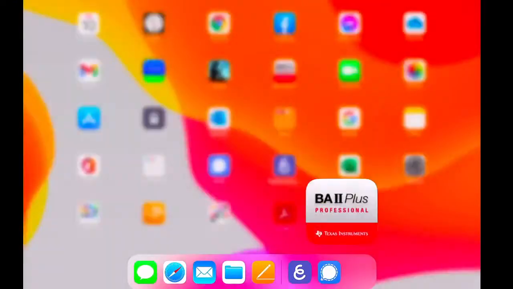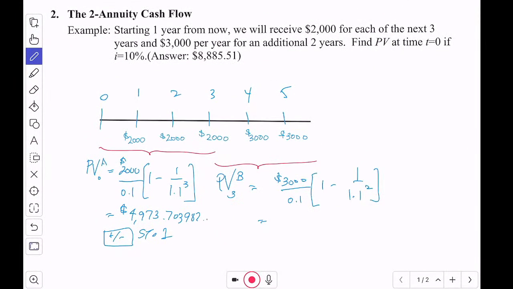What I found is the valuation at time 3 of these $3,000 deposits or amounts. So this is worth 5,206.61157. And I store this, I'll change the sign and store this in 2.